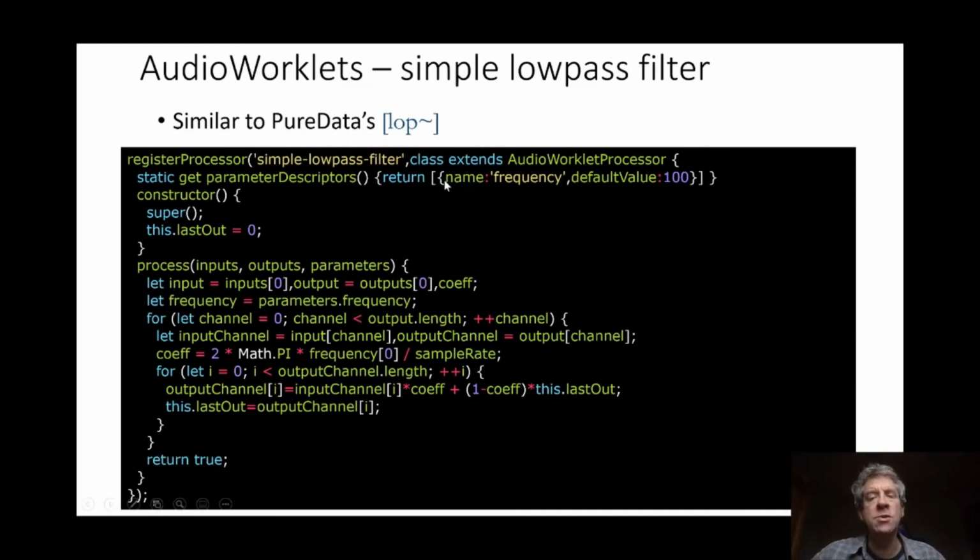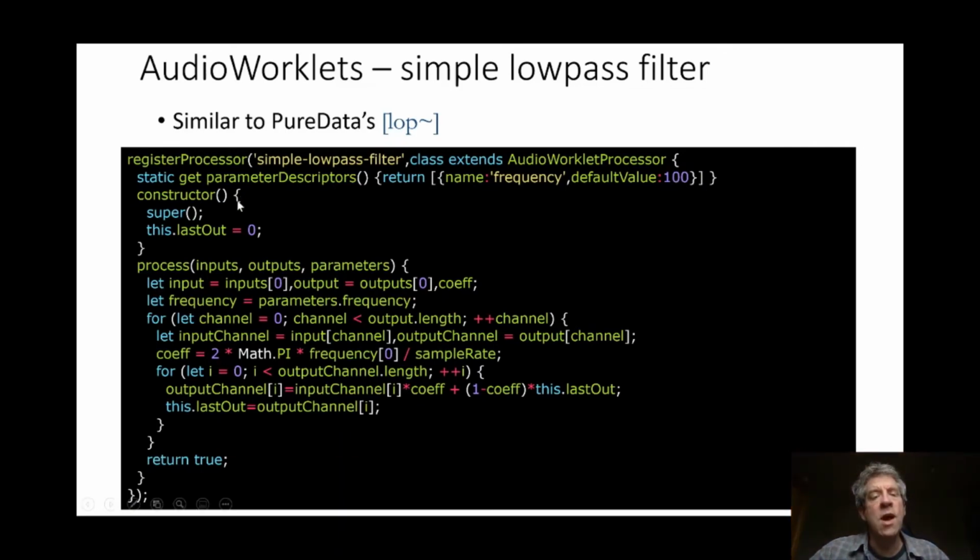And here we just have one parameter, we call it frequency. I'm not bothering to specify its minimum value, its maximum value, or anything else about it, just the default value of 100, meaning 100 hertz cutoff. We're going to try to remove frequencies beyond 100 hertz in this filter.